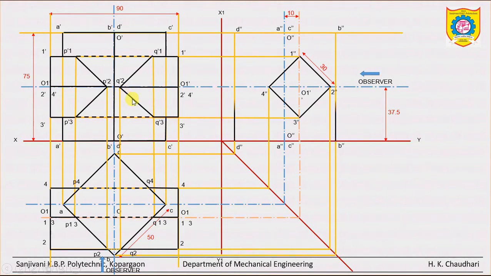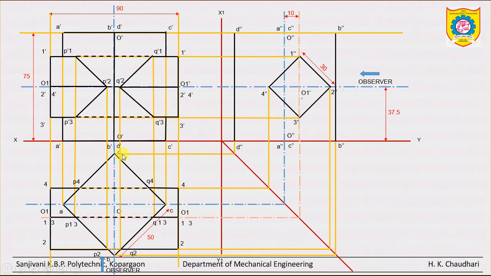Now which edges? D edge and B edge. See, we have made them thick. Why? Because see the top view, edge B, that means this point B, is outside the intersection.